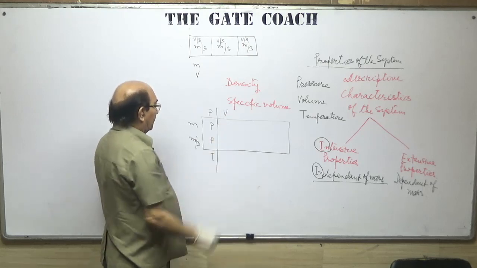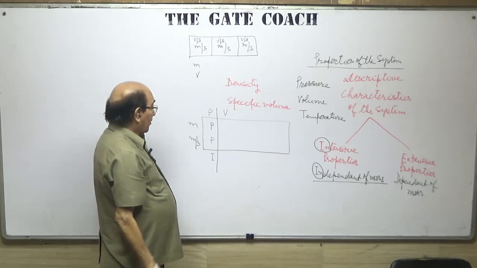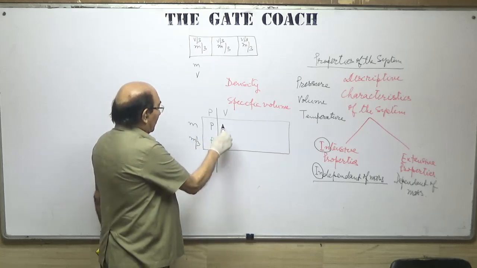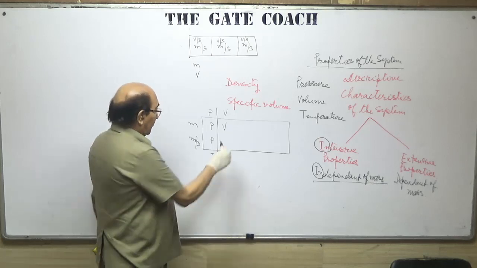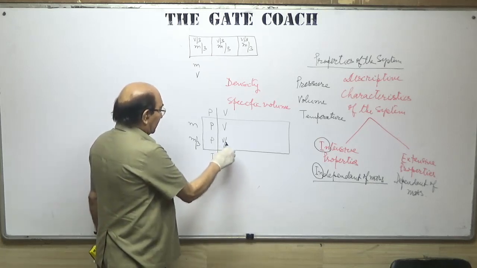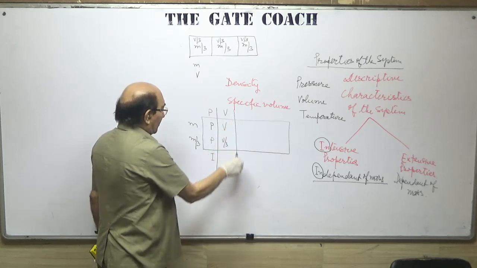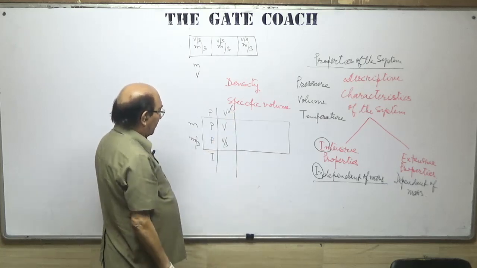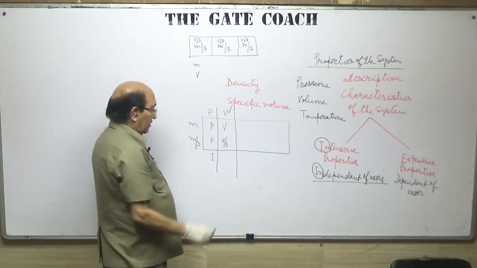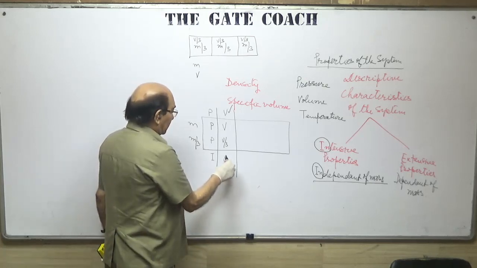Let us talk of volume. Mass is m, volume is V. When mass is m by 3, volume becomes V by 3. That means this volume is depending upon mass, and hence it is an extensive property.